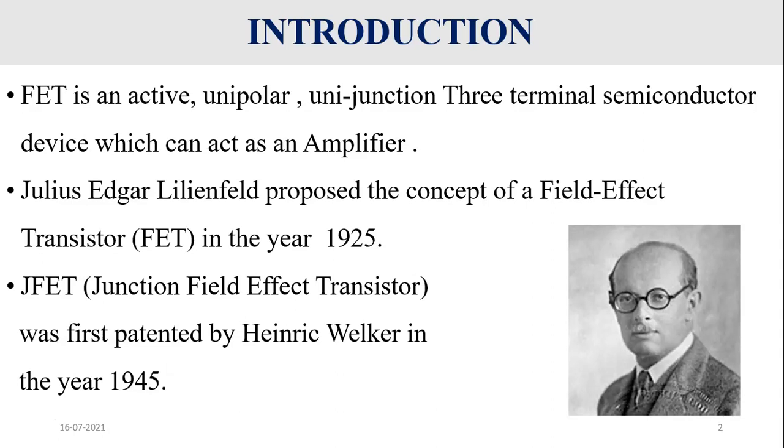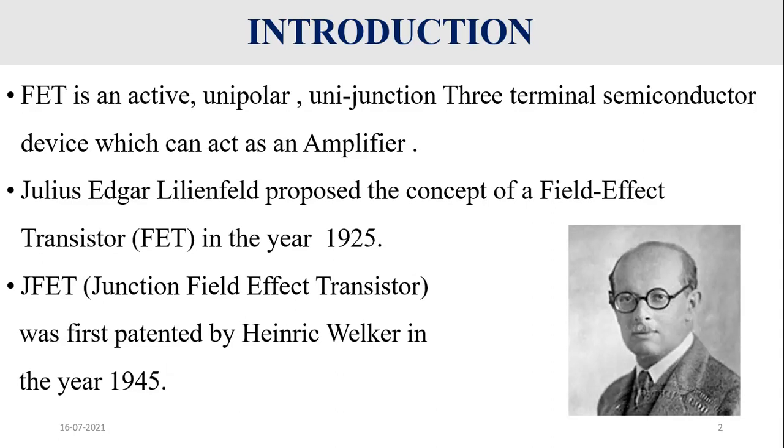Here a FET is an active solid state device or semiconductor device which has only one type of charge carriers for its conduction, and it has only one junction. That is the fundamental difference between the FET and BJT.